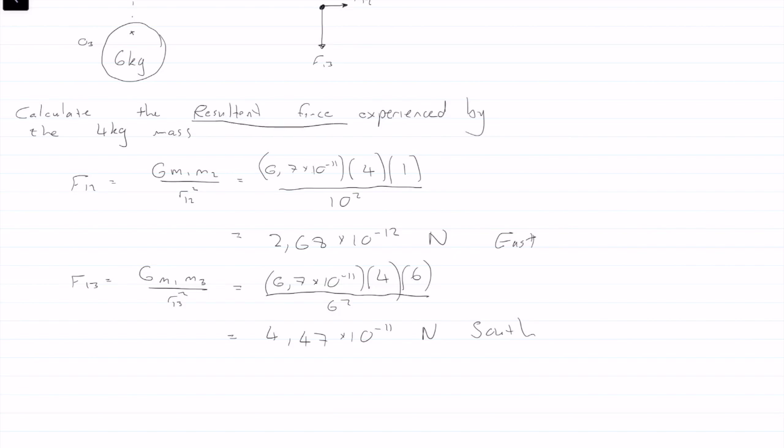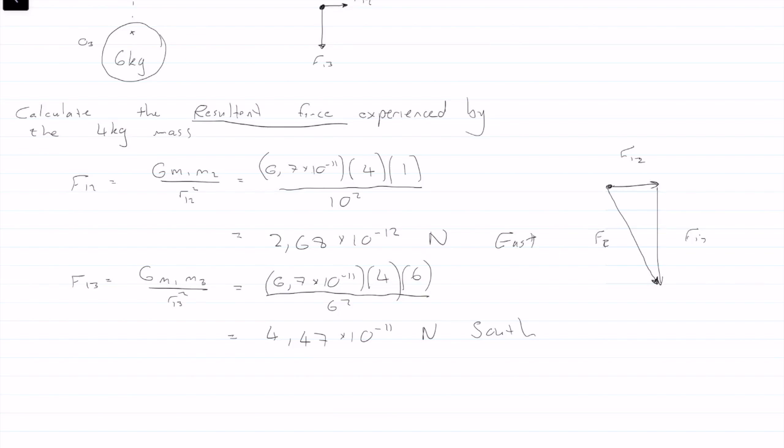To calculate the resultant force, I'm going to draw another vector diagram right here, nice and simple. We have that F12, we have that F13. So the resultant force is going to be this force that connects them. F resultant.